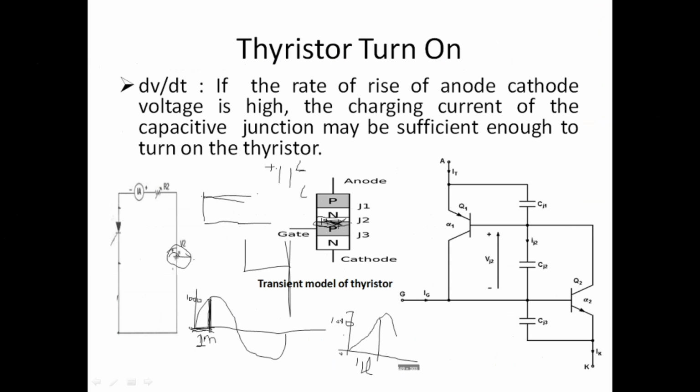But the junction J2 capacitor is there. This junction is reverse biased, a depletion region is there, and no carrier is passing. So it is purely acting like a capacitor. This is actually only the two transistor model, but in a transient model, suddenly, if you apply voltage in the initial time and you want to analyze the behavior of this thyristor, we need to go for the transient model.